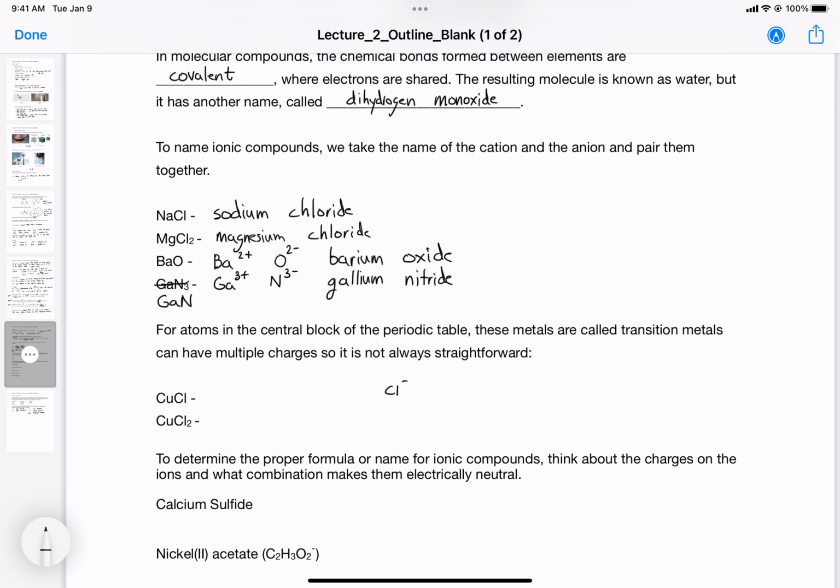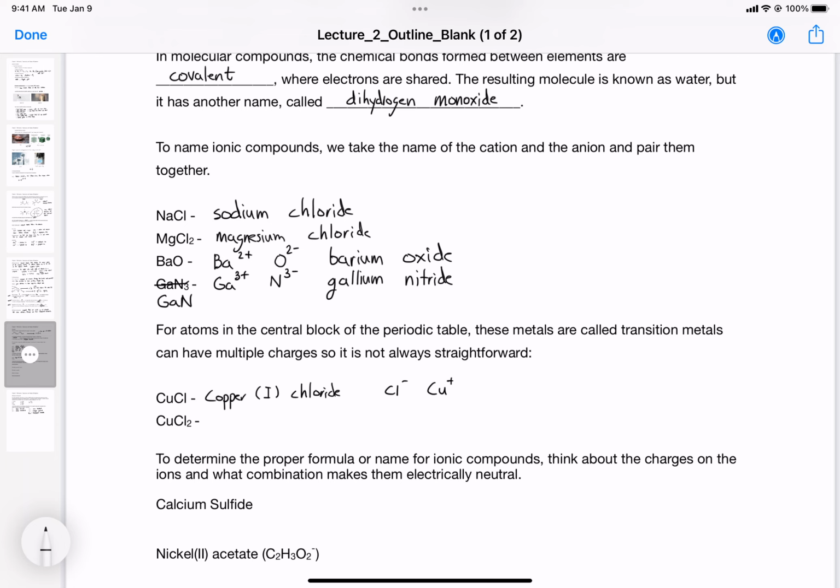So for the compound to remain neutral, copper must be +1. So we would call this copper(I). We put this in parentheses to indicate that the charge on copper is +1. And then we call this copper(I) chloride. Here the subscripts have no meaning in the name. You just identify the anion, so chloride.